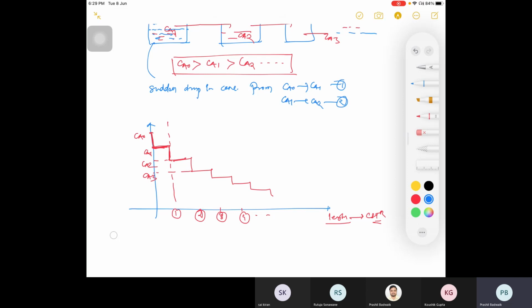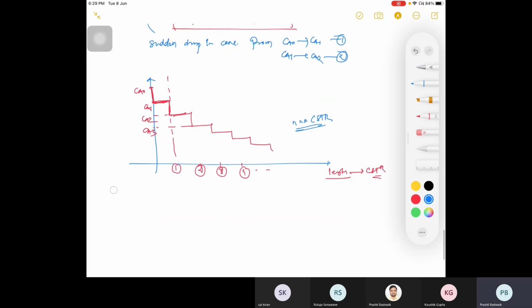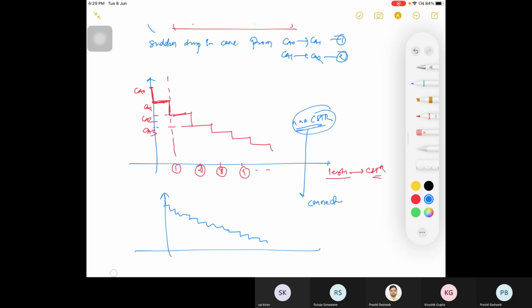Okay. And if you have n number of CSTRs, this graph will look like stairs. So for n number of CSTRs connected in series, your graph shows concentration decreasing from CA naught to CA final.